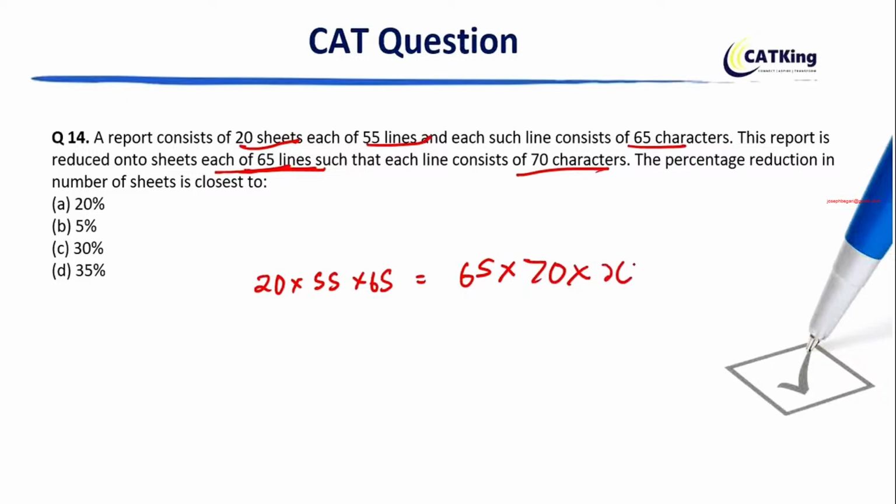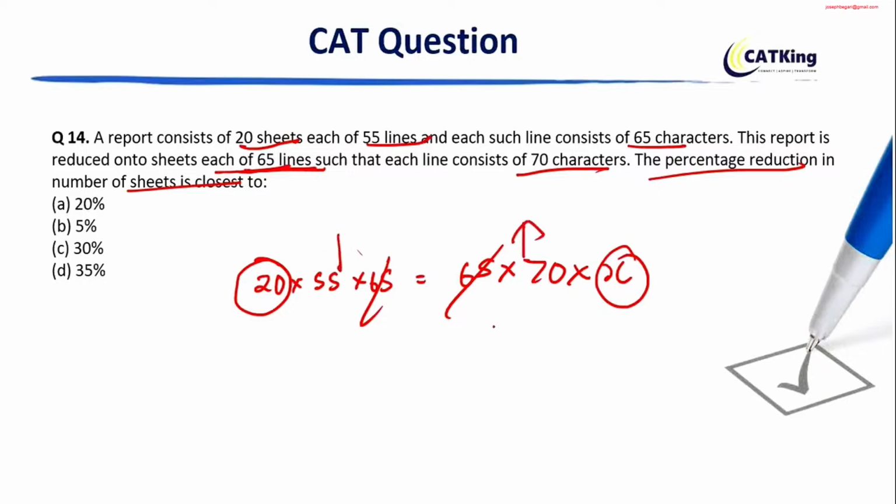Now, please don't go on calculating x. You will calculate x and then you will do y, not required. Percentage reduction in the number of sheets is what it is asking, correct? 65 is common, it gets cancelled. Sheet was 20, it became x. Lines was 55, it increased to 70.